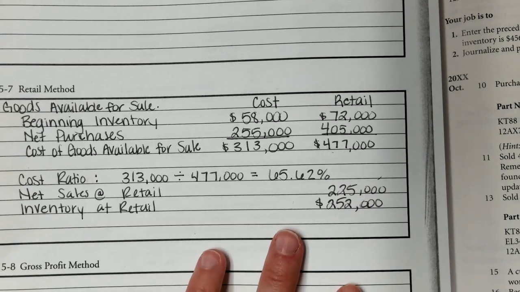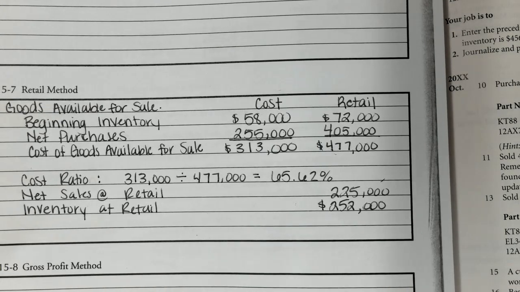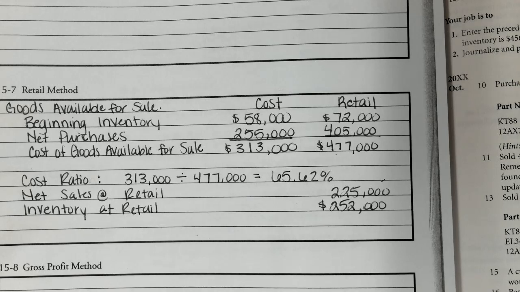So this is showing that at retail value, at the end of this month, we have $252,000 worth of inventory on hand. But we want to estimate that cost amount.